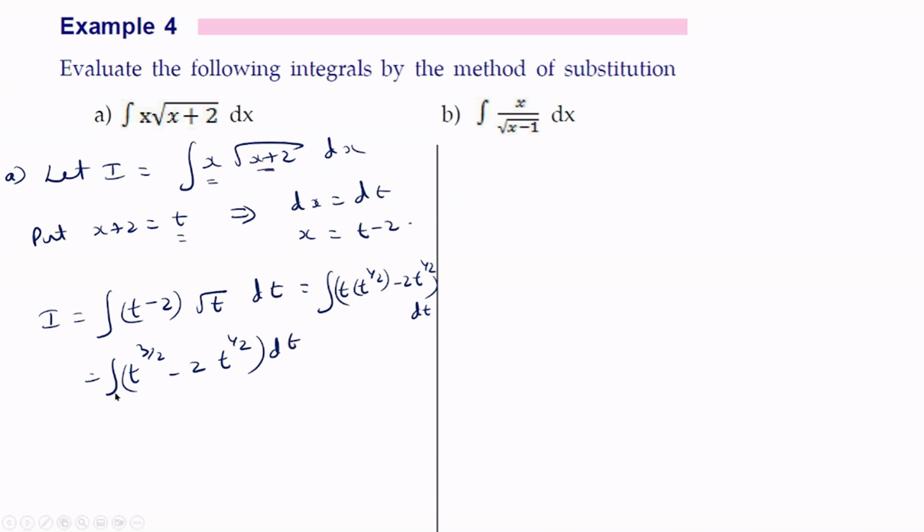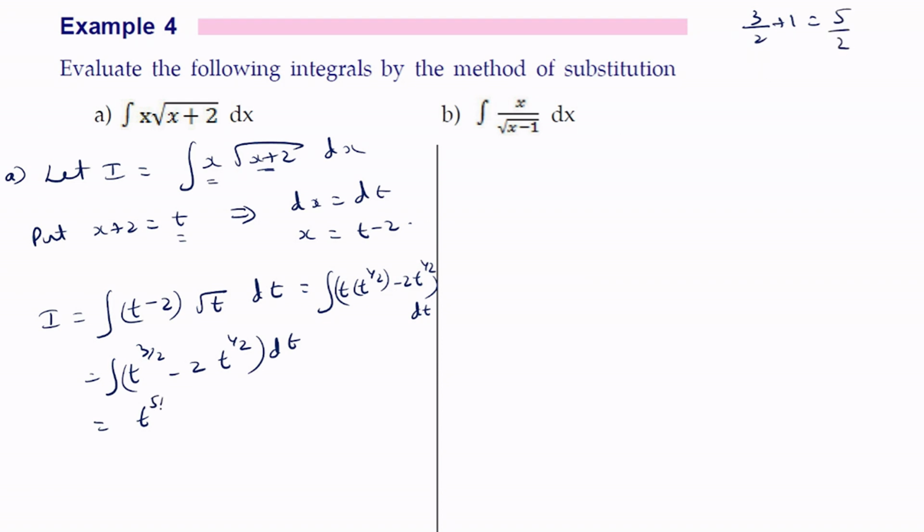Integral t raised to 3 by 2 dt is t raised to 3 by 2 plus 1 by 3 by 2 plus 1. 3 by 2 plus 1 is 3 plus 2 by 2, which is 5 by 2.